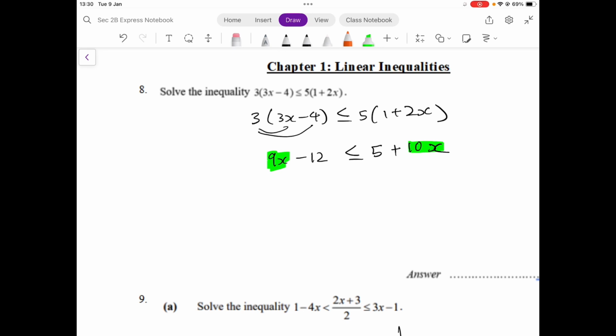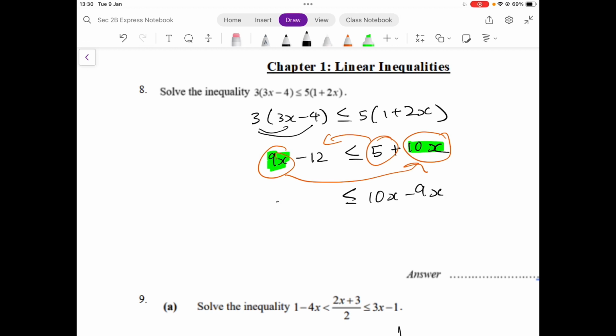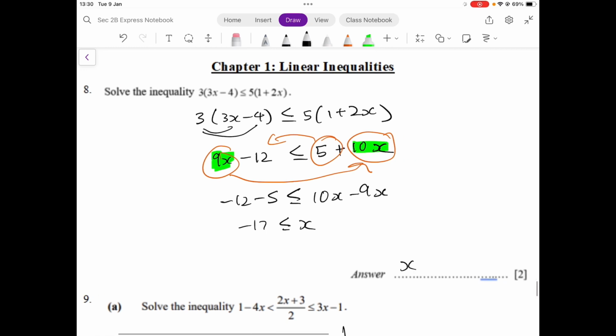This is the bigger x term, so we bring 9x over, we bring 5 to the other side. So I will get 10x minus 9x, minus 12 minus 5, so minus 17 more than x. So my answer here will be x more than minus 17.